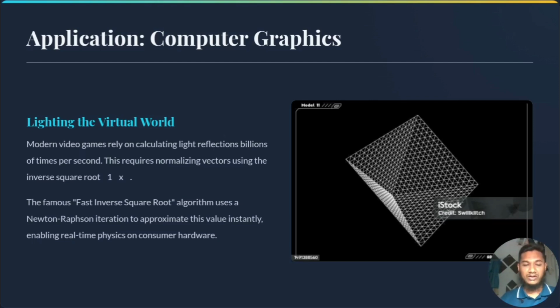Standard square root operations are too slow for real-time rendering. The famous fast inverse square root algorithm used in the Quake engine utilizes a single iteration of Newton's method. It provides enough accuracy for lighting physics instantly, allowing games to run at high frame rates on limited hardware.